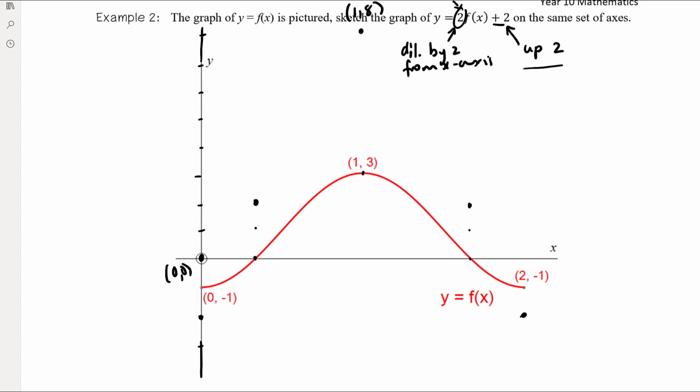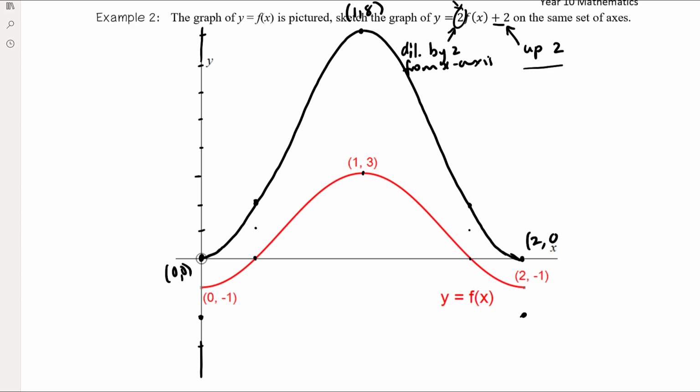And so we can essentially see we're not changing the shape, we're just stretching it and translating it. Let's try that again. Should be there, sorry. So that's going to be basically our shape.